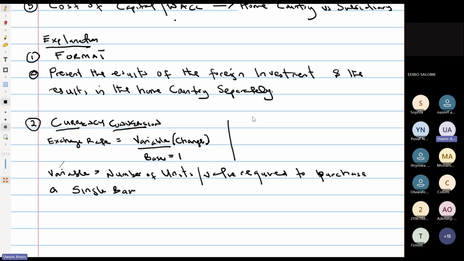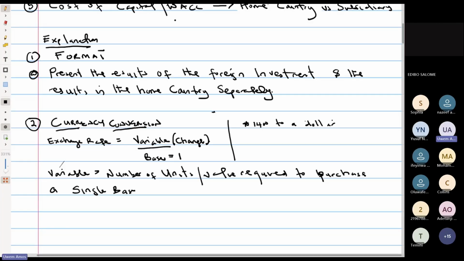All right. So the FX dealer might tell you, for example, just to keep it simple, that the exchange rate today is 1,400 Naira to $1.